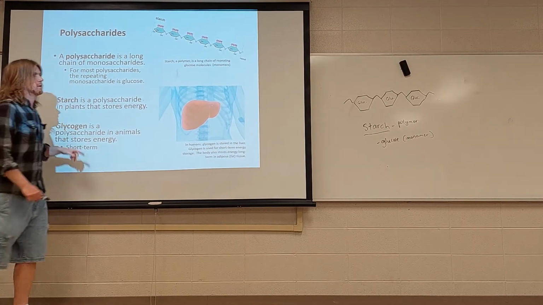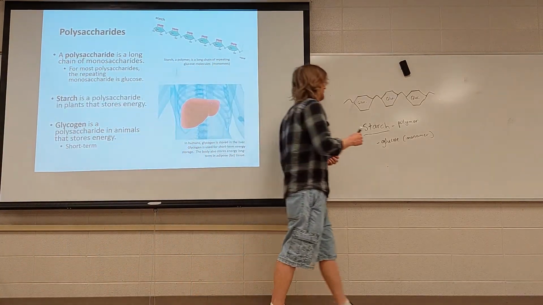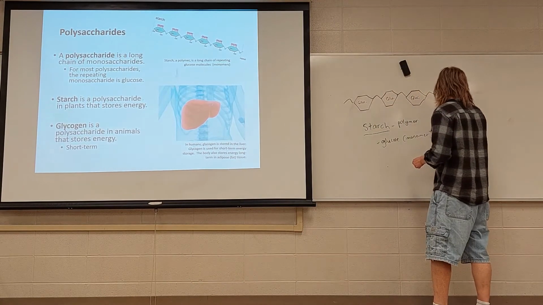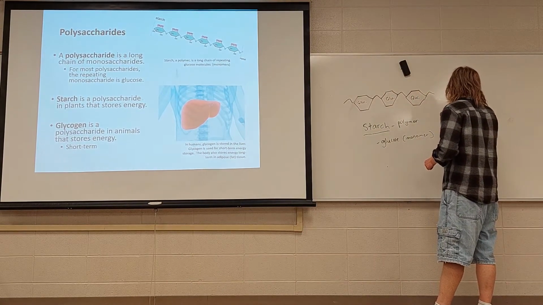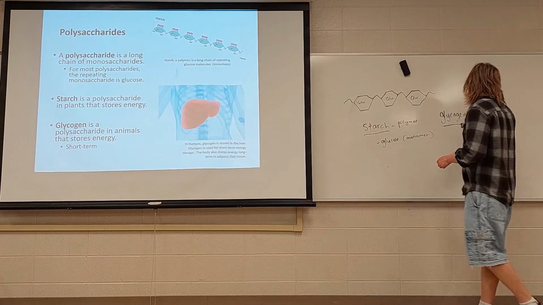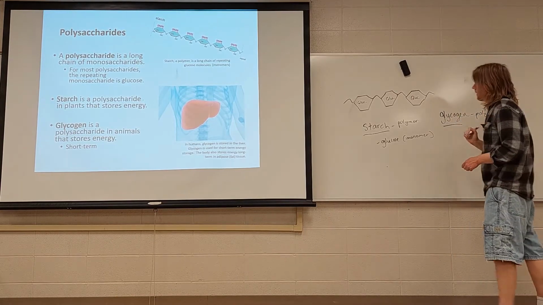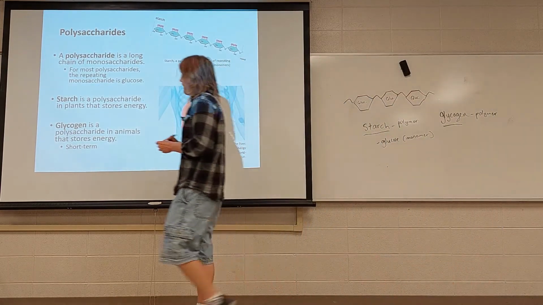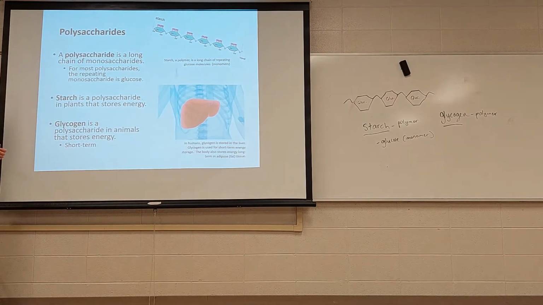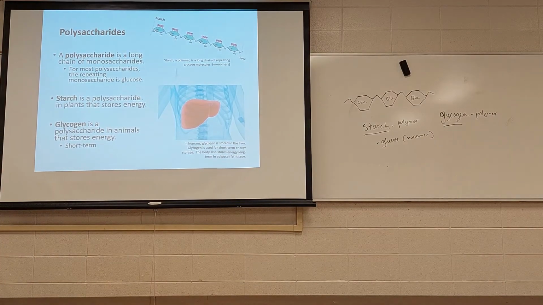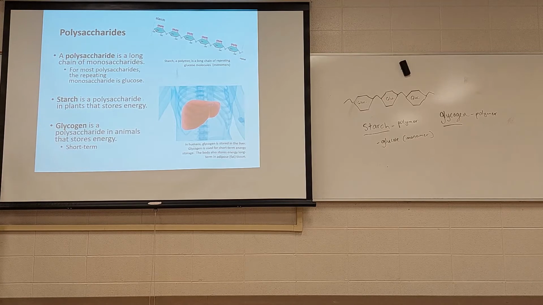Another example of a polysaccharide is glycogen, which you have. Starch is for plants, glycogen is found in animals, including humans. Glycogen is a source of short-term energy storage.